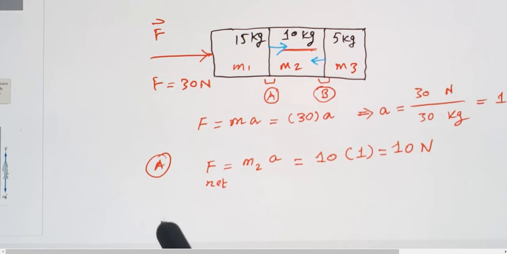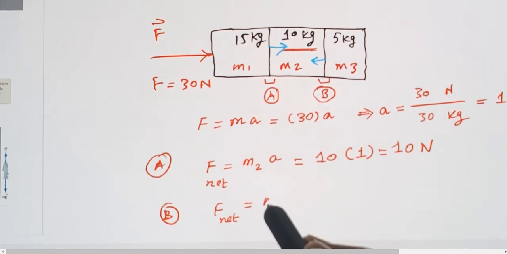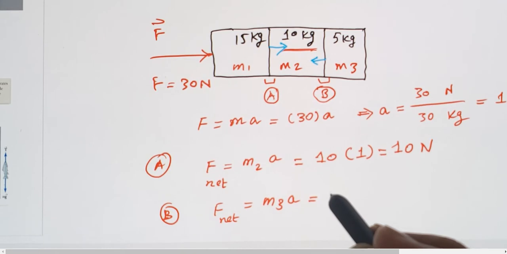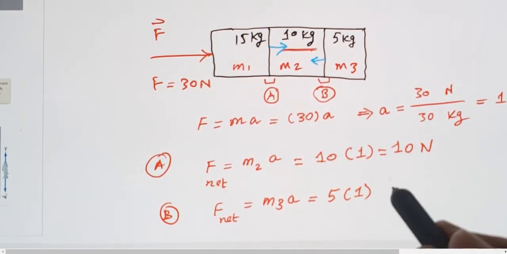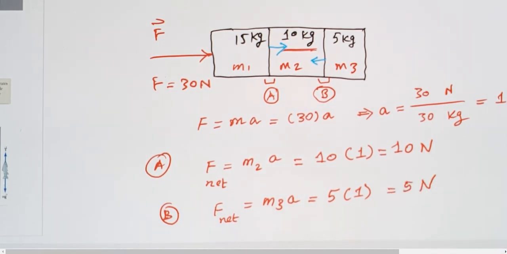So we solve for point B. F net is equal M3 multiplied by A, and that is 5 kilogram multiplied by 1 meter per second square, so that is 5 Newton.